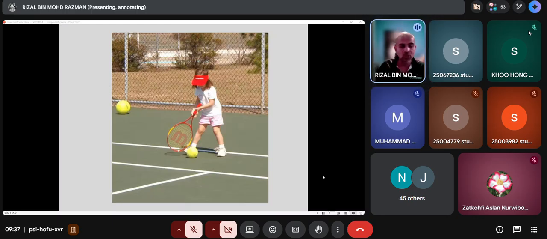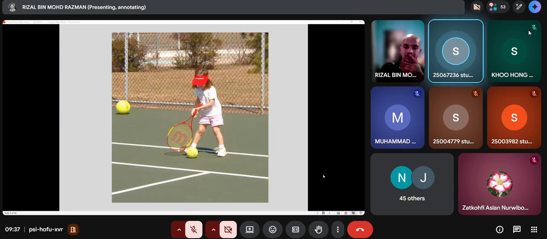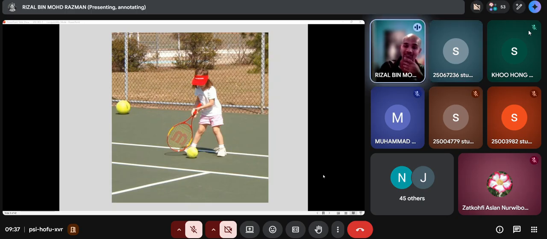Okay. So why does the coach use different ball sizes in this picture? What's the big idea? Maybe to show this is a kid.